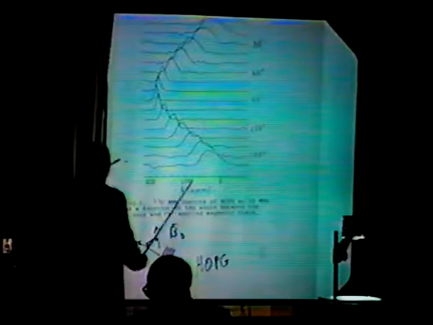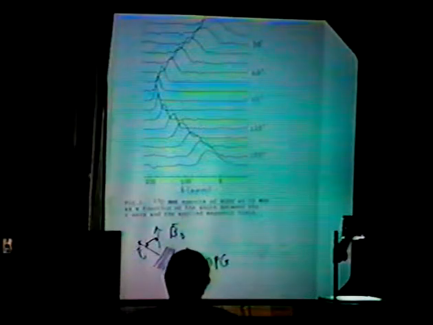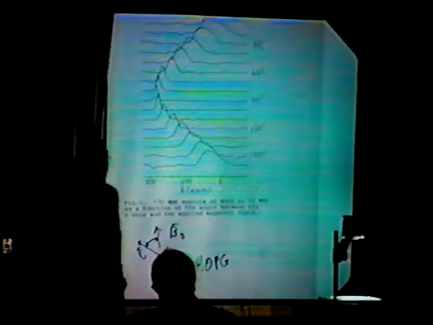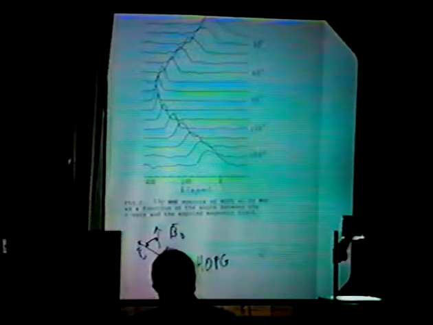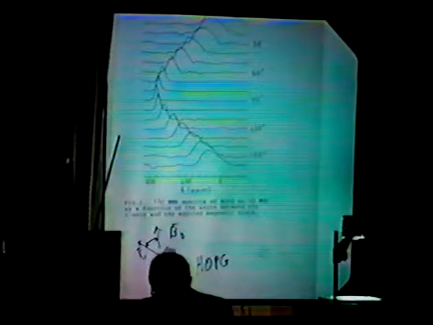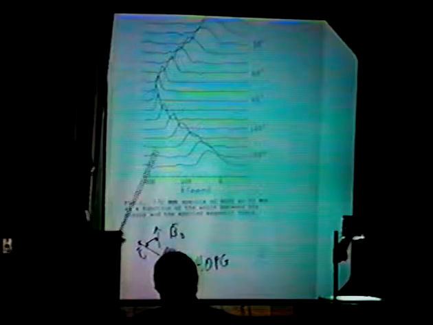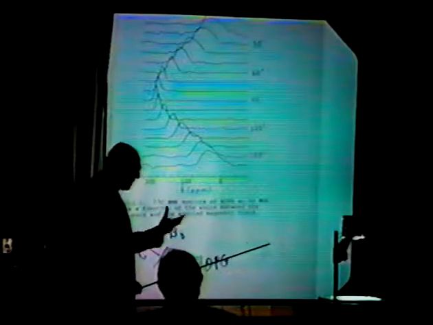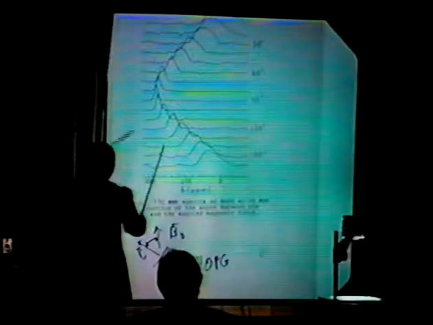You'll notice that there is a dependence on angle. Now, why is that? Well, it's a fundamental property of the NMR chemical shift tensor that it depends on the way you hold the molecule in the magnetic field. The chemical shift is due to shielding by the electrons. Naturally, it must depend on how the electron arrangement is placed in the field. So there is this dependence on the angle.